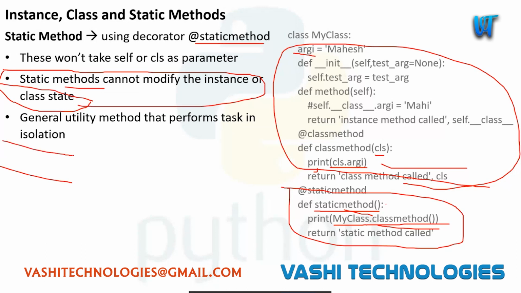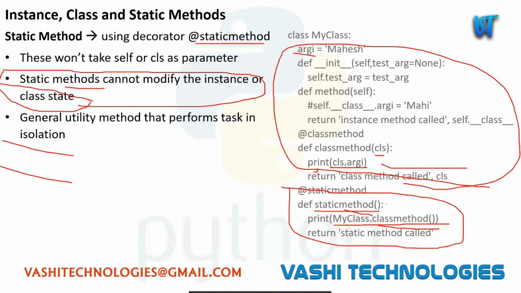And then this is used for general utility methods. We don't need any sort of inputs there. Let's say we have a timer function which we use for timing or execution time. We can use that timer utility function within our class, but it won't take any sort of inputs.